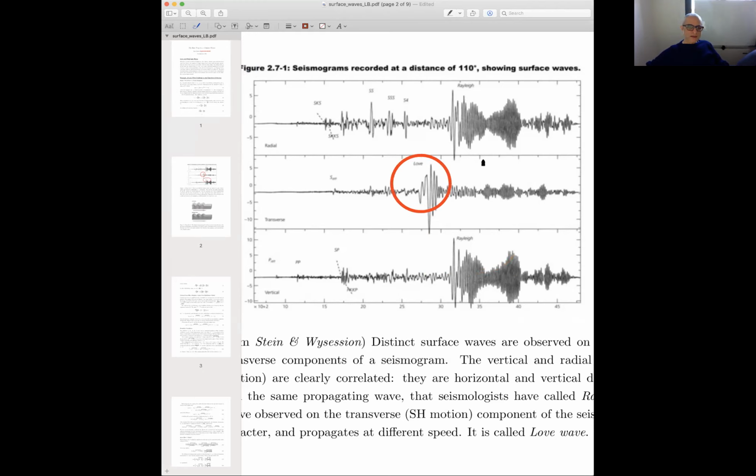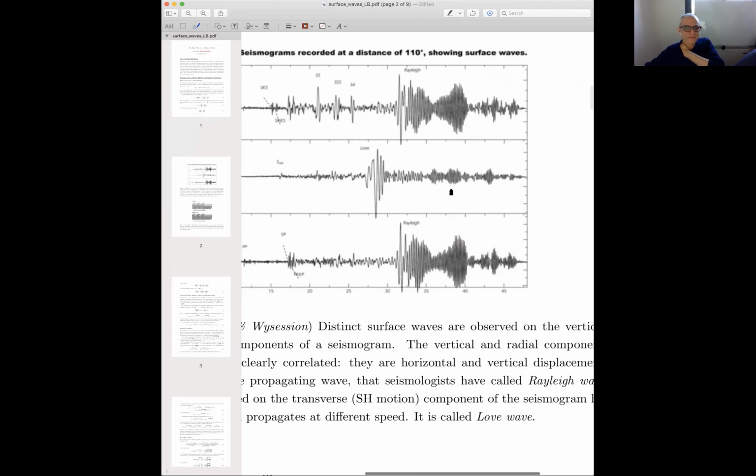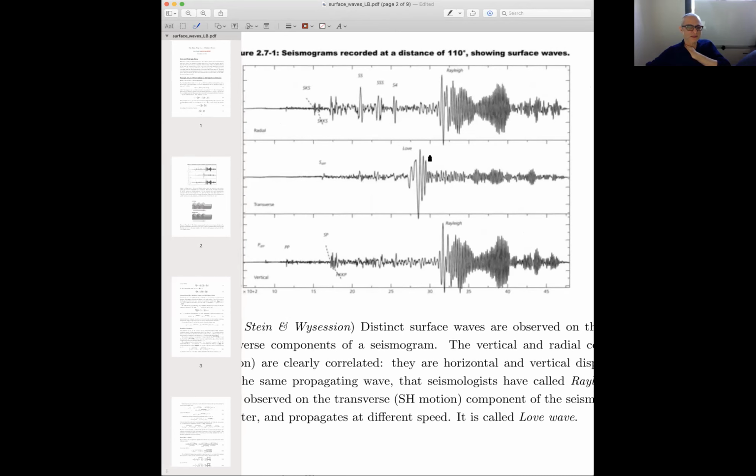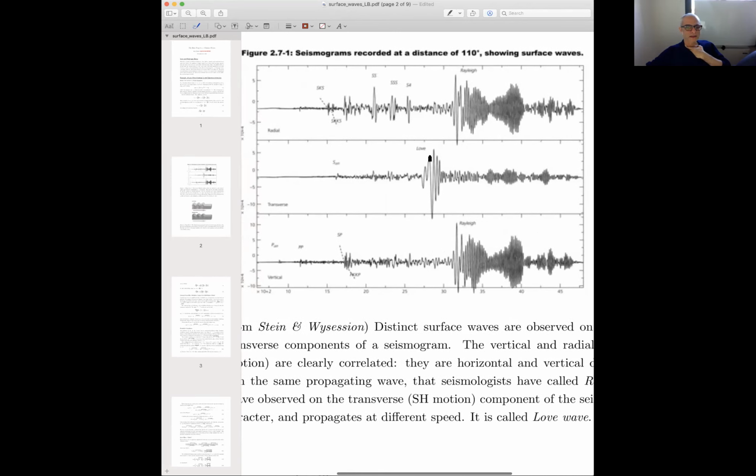And it was only when Love, at the beginning of the 20th century, further perfected the theory that people realized that there are two types of surface waves, that they are expected mathematically, and as better measurements, better seismograms became available, they also started to see these two phases in the data.